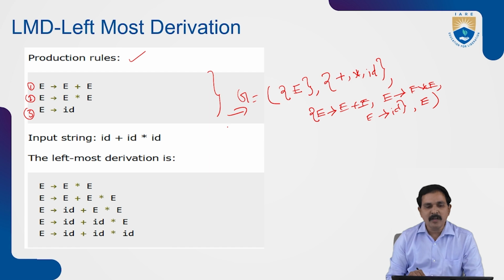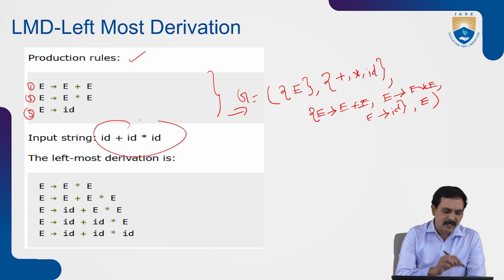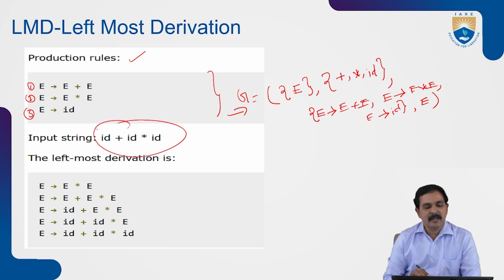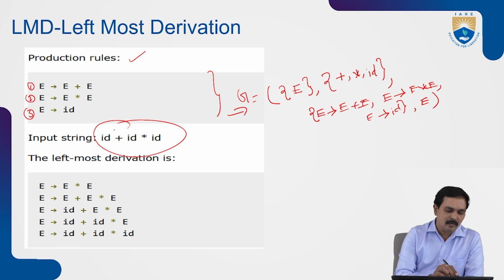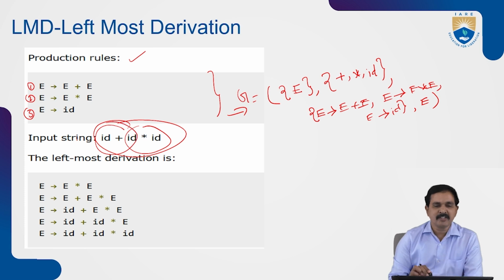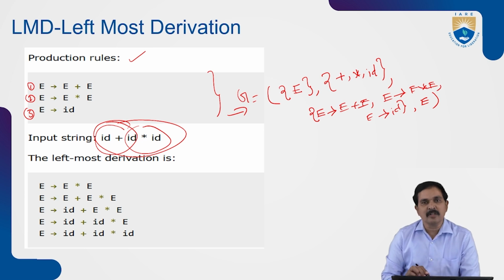Here I want the string ID plus ID into ID. You perform multiplication and addition, but in what sequence? First is the multiplication, as per the precedence rules and the hierarchy of the rules.